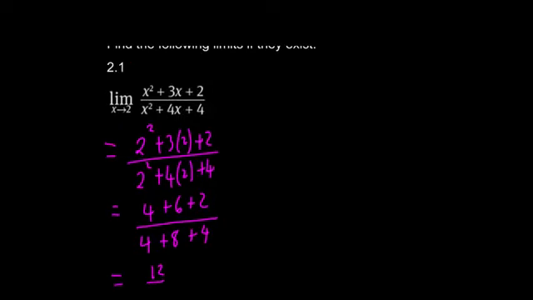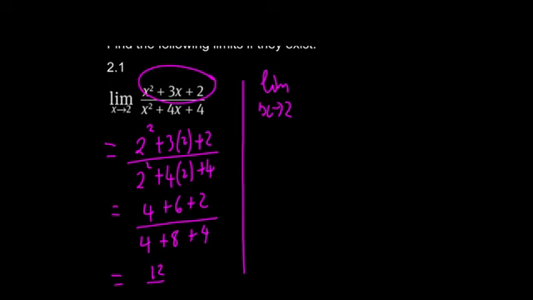But now, when you're doing your limits, if you check with your denominator, okay? What you need to do is you factorize. So this is your limit as x tends to 2. Can you factorize x squared plus 3x plus 2? Yes. This will be x plus 2 bracket x plus 1, all divided by. Can you factorize x squared plus 4x plus 4? Yes. That is x plus 2 bracket x plus 2, okay?